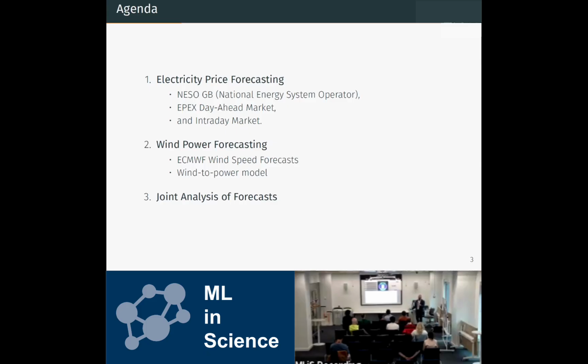Wind power is cheaper than fossil fuels, so you expect that we have wind power forecasts available at multiple lead times as we approach the time that we want to forecast.